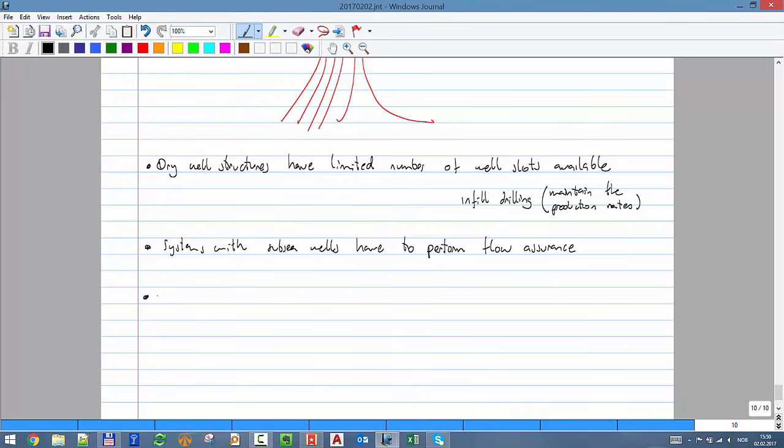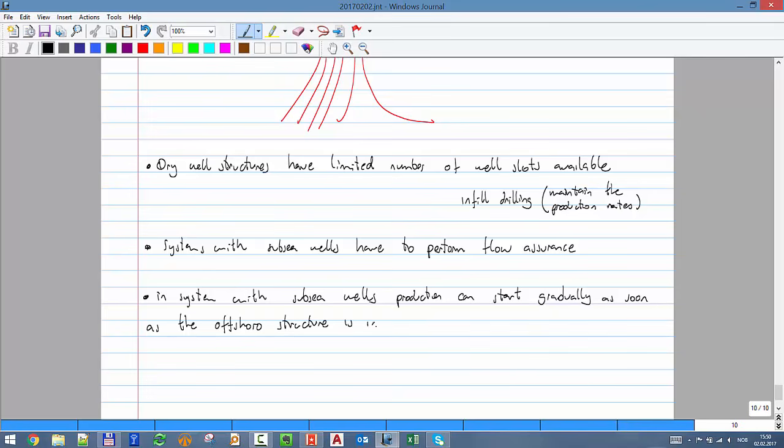Okay, in systems with subsea wells, production can start gradually, as soon as the offshore structure is in place.